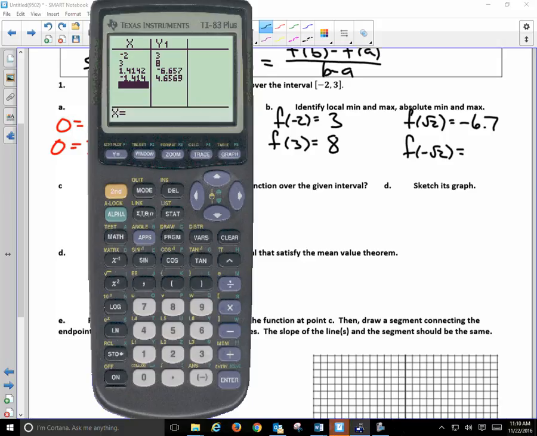And negative root of 2 is positive 4.7. Okay.